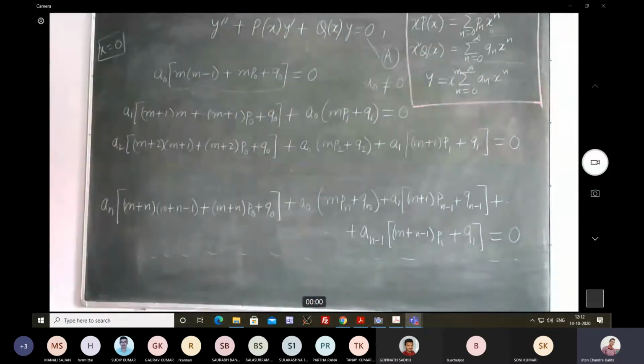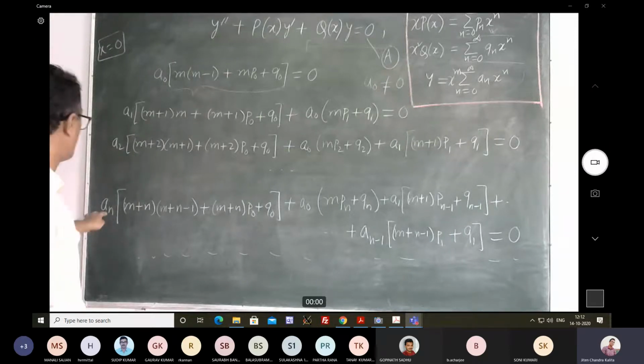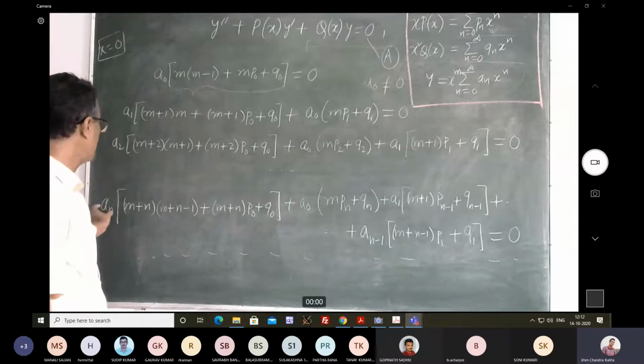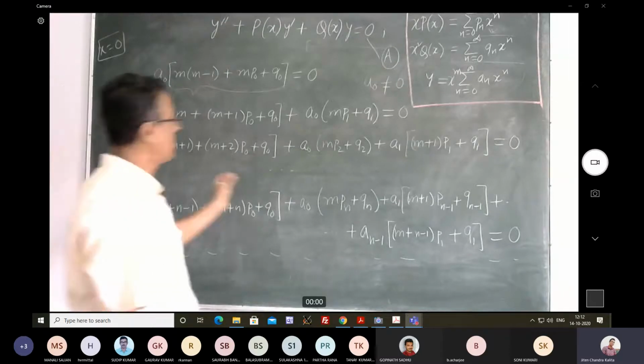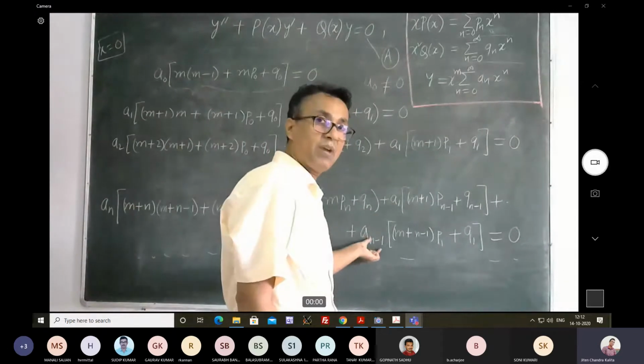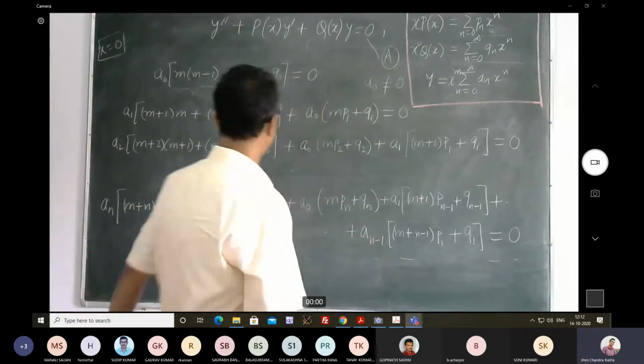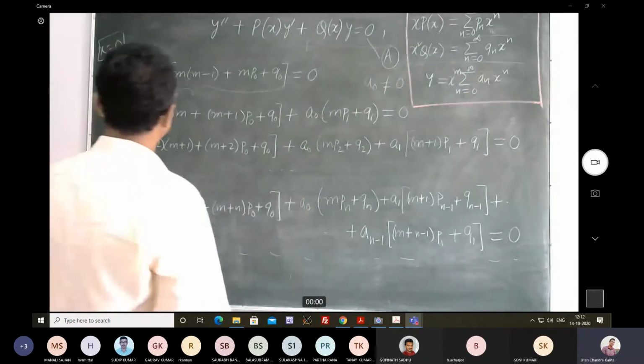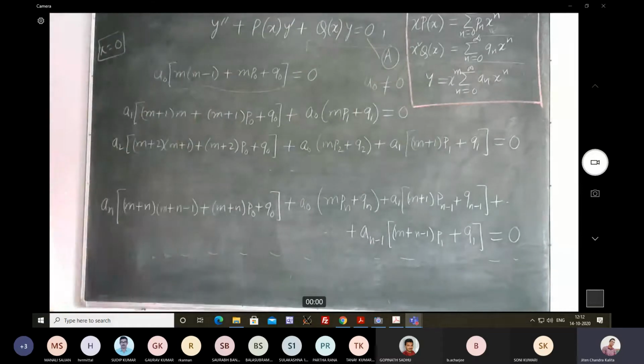Okay, fine. And then, if you look at the very last equation, you can see that it gives you a formula for finding an in terms of a0, a1 up to a_{n-1}.